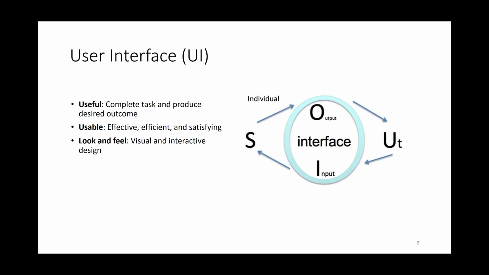If we look at the user interface, basically the user interface is a place where the user interacts with the system. The user provides an input to the system, the system does some processing, and at the end, the system provides some output to the user.